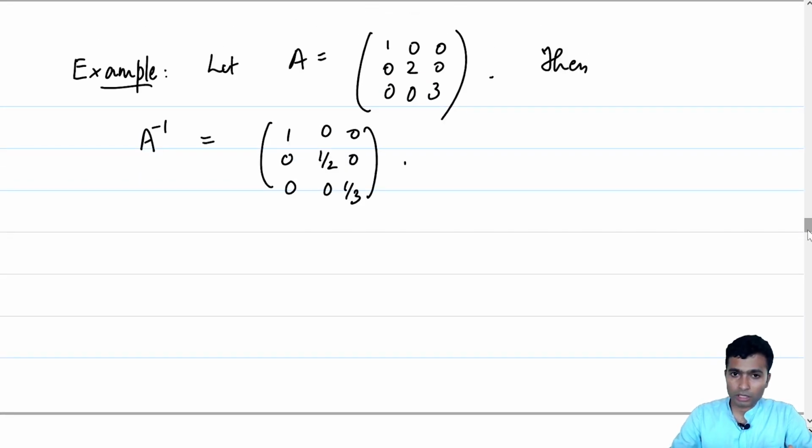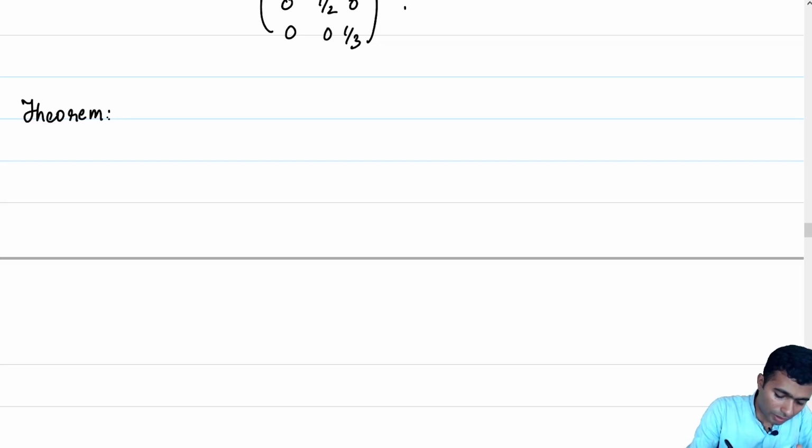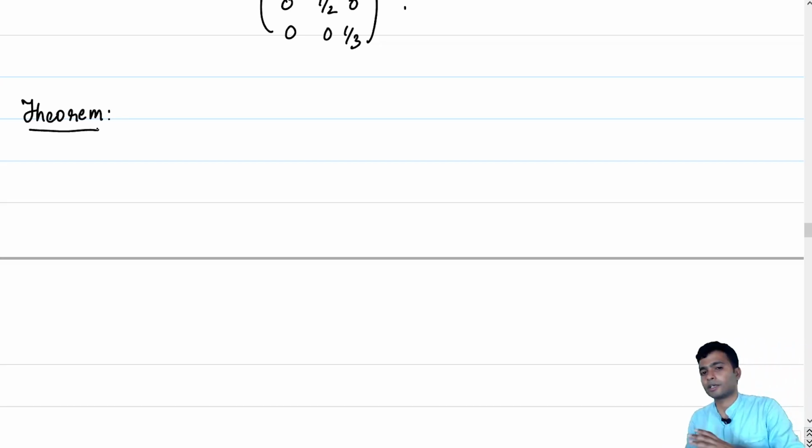Let me directly jump into the theorem here, which essentially captures the relationship between invertible linear transformations and invertible matrices.